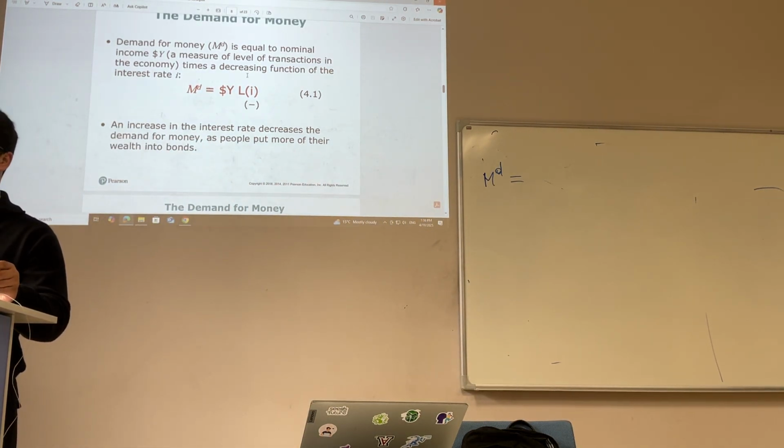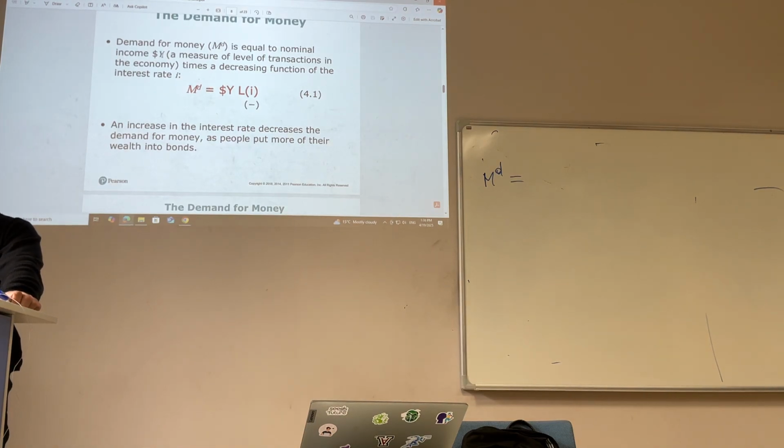It's equal to nominal income times a decreasing function of the interest rate. I will explain later.